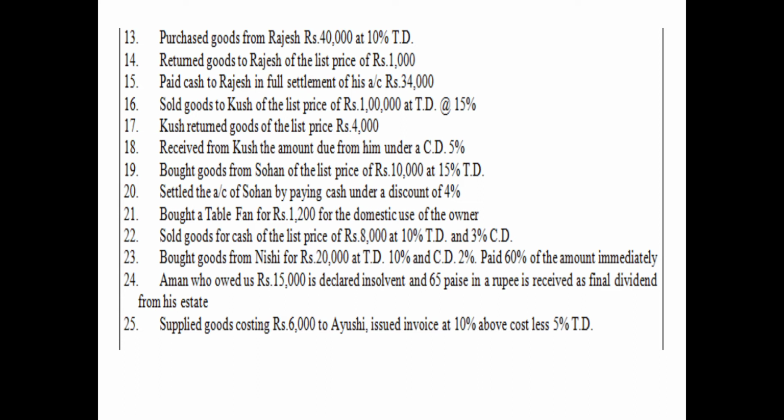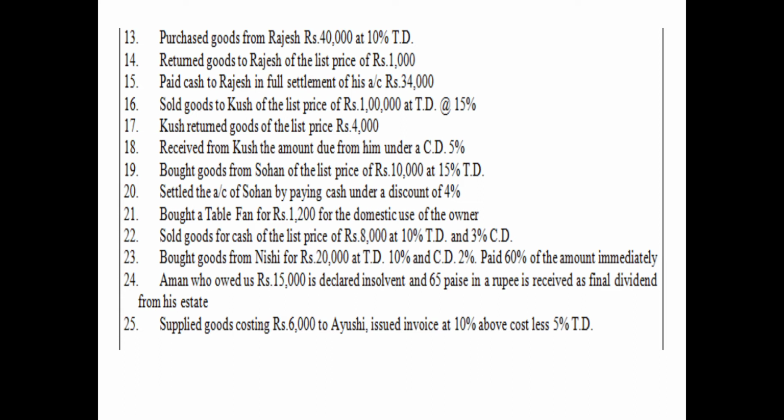So if the goods being returned to Rajesh have a list price, an MRP, of 1000 rupees, that means we must have received 10% trade discount on this as well. So we need to deduct the discount from the amount of goods returned also. So 10% of 1000 will be 100.